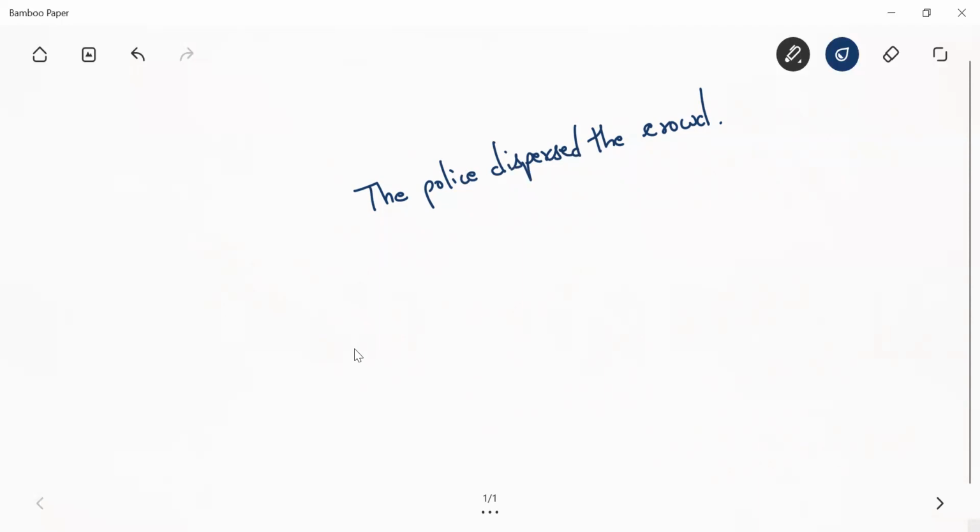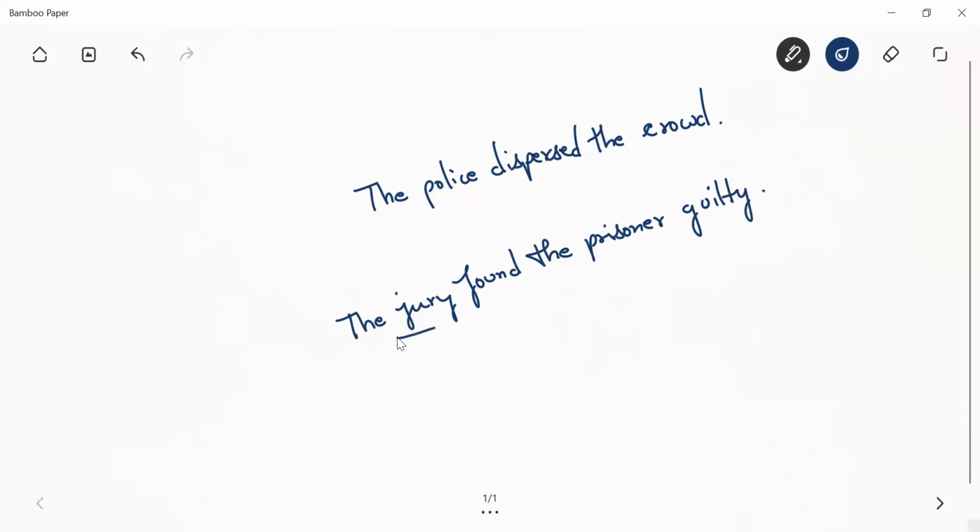If we say the jury found the prisoner guilty. Now, in the court we have the judge who takes the final decision. But then who is the jury over there? There is a bench of people other than the judge who take up the decision.